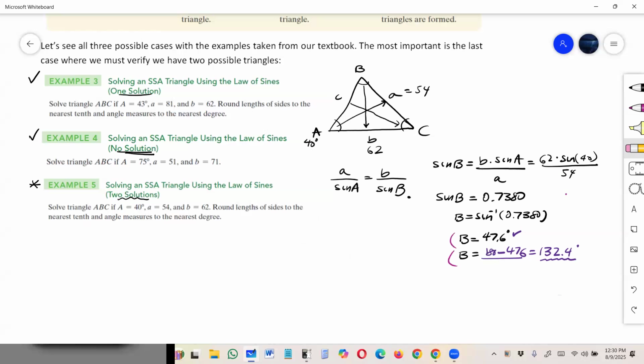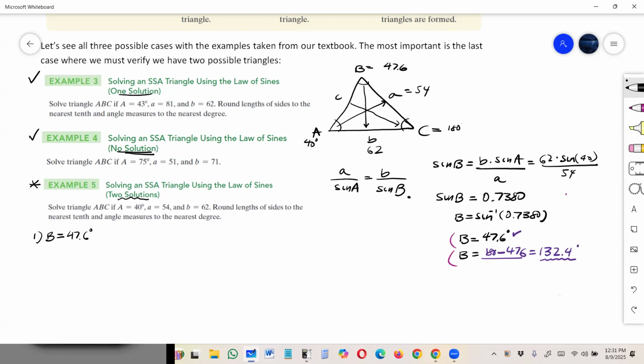So I'm going to do first case right here. This is when B is 47.6. So I'm going to leave it here, 47.6. Now I have to do the work for that. So if B is 47.6, then I can immediately find C by doing the difference from 180, right?